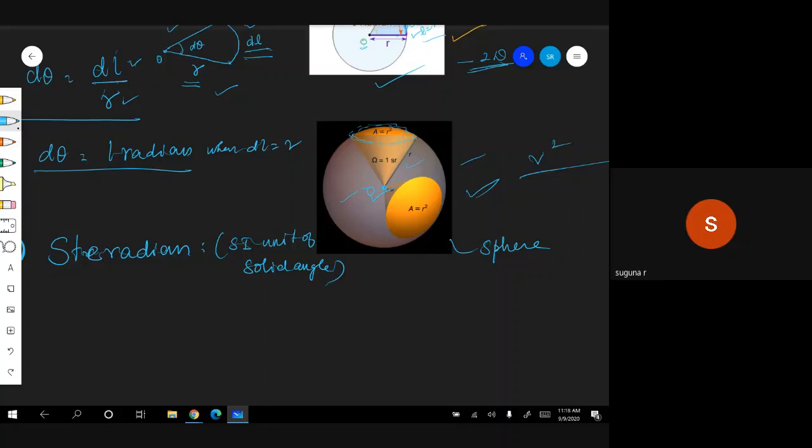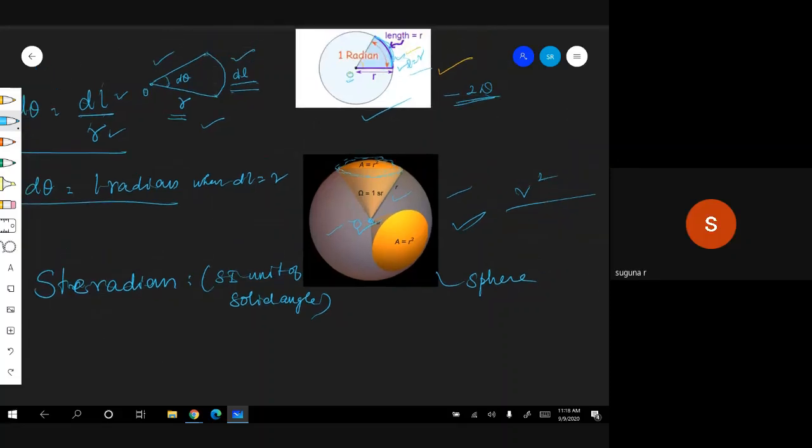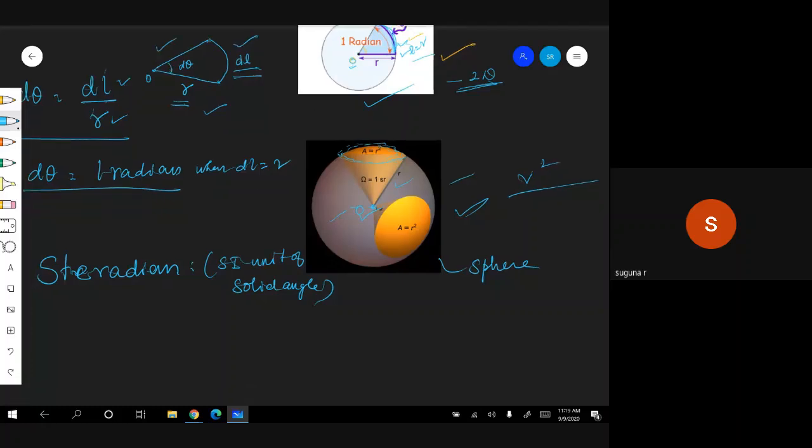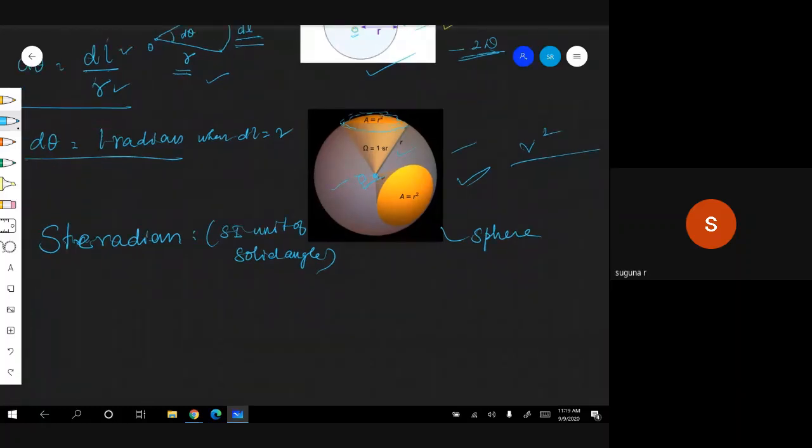Hope you are able to compare radian and steradian here. Here it is 2D. 2D means it is the angle subtended at the center of the circle by an arc only. There you won't get any surface, just an arc of length equal to the radius of the circle. That is your radian. Steradian means it is a solid angle.